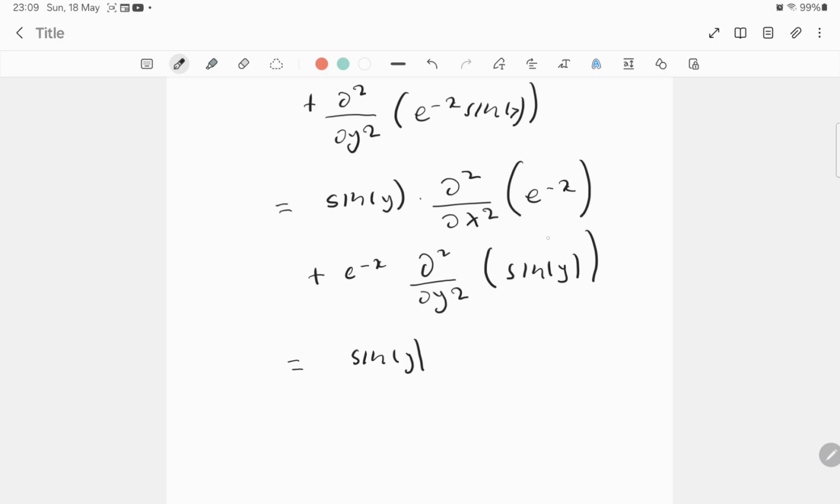If I take the partial derivative once, I get minus e to the minus x. I take again the derivative of that function, I get e to the minus x plus e to the minus x. I take the partial derivative of sine y, I get cos y. And then I differentiate cos y, I get minus sine y.